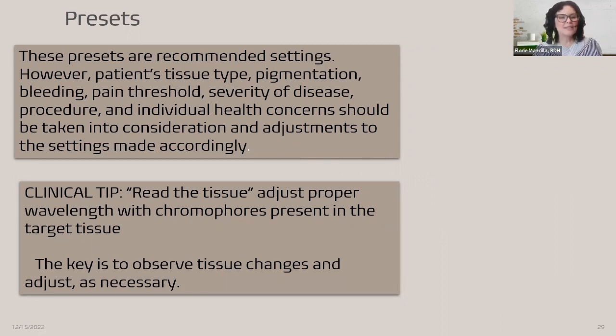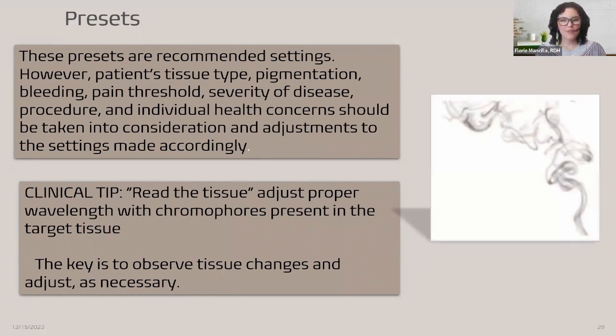So presets, I talked briefly about presets for the laser. It is plug and play, pretty easy to use, but you do want to be mindful of your patient's tissue. Every tissue is going to respond differently to the wavelength. It's also going to be dependent on your patient, their severity of disease. Is this tissue very pigmented? Is it hyperkeratinized?